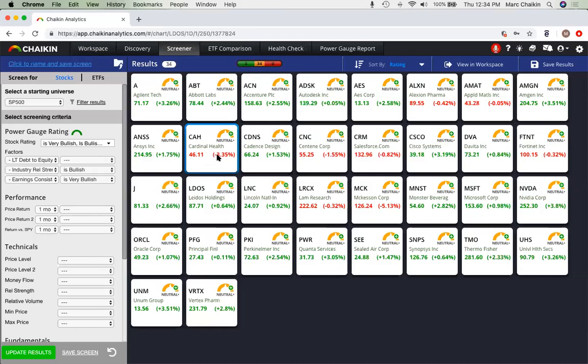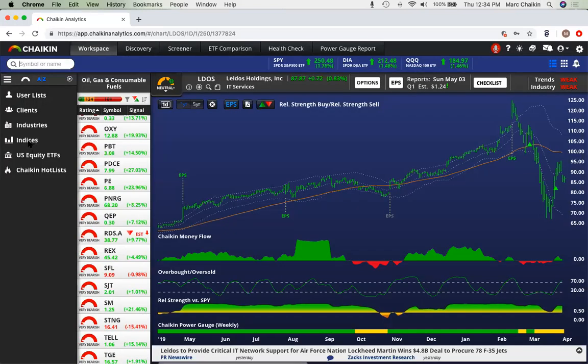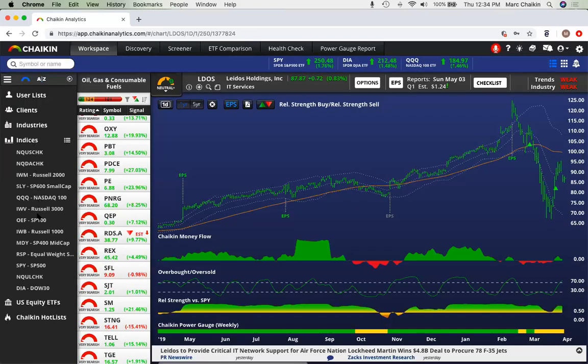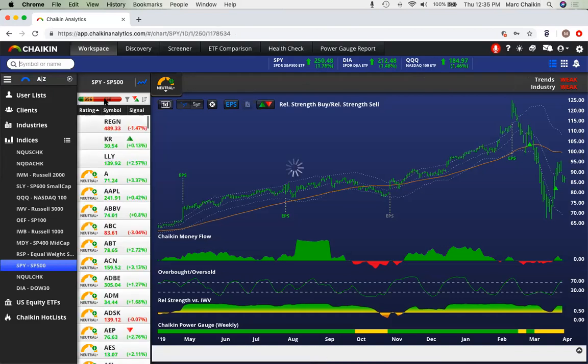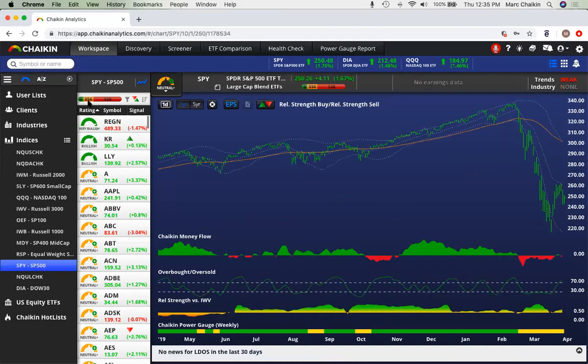ratings right now. In fact, I can go to a different part of Chaikin Analytics and show you that in the SPY, or the S&P 500, looking at what we call our power bar, there are only 3 stocks with bullish ratings, 138 with bearish, 356 with neutral.